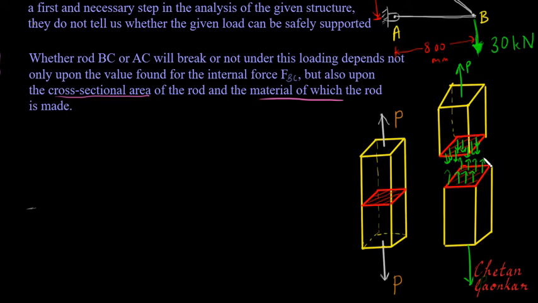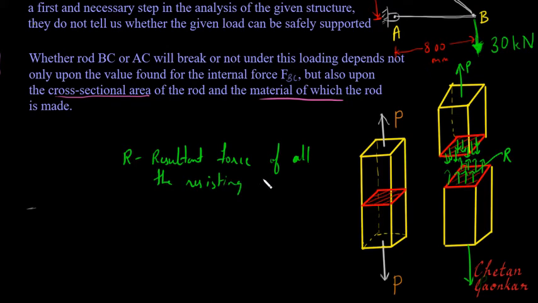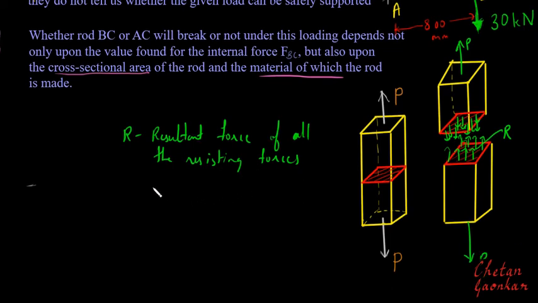All right, and then if I take the resultant force of all these resisting forces, and call it R, here R is nothing but the resultant force of all the resisting forces.